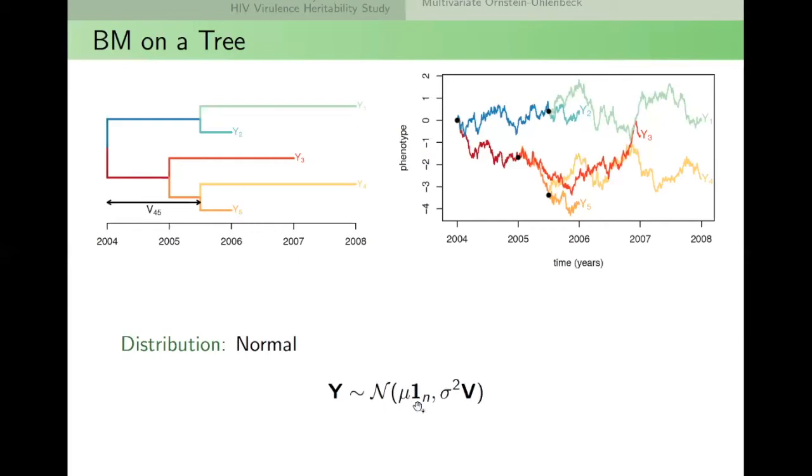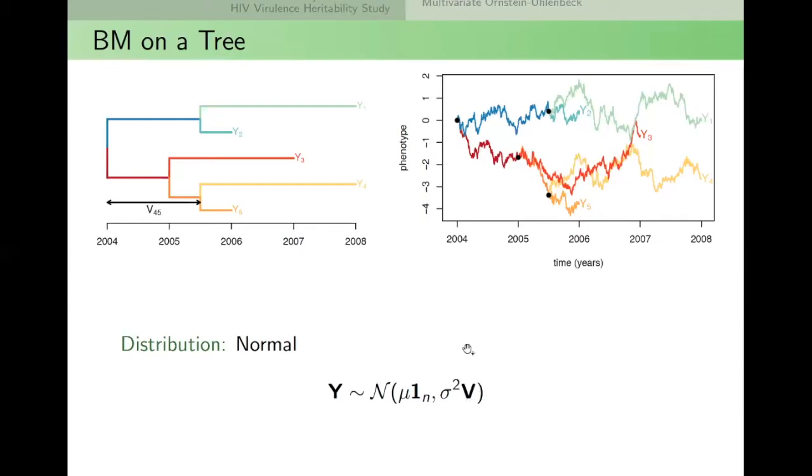Each of them has the same mean mu, and they have a variance that is given by sigma square times v, where v is this matrix of shared times of evolution. And if I assume that the tree is known, then v is known. So this is a very standard distribution. And if I don't like v, I can do a Cholesky and I can get rid of this known matrix.